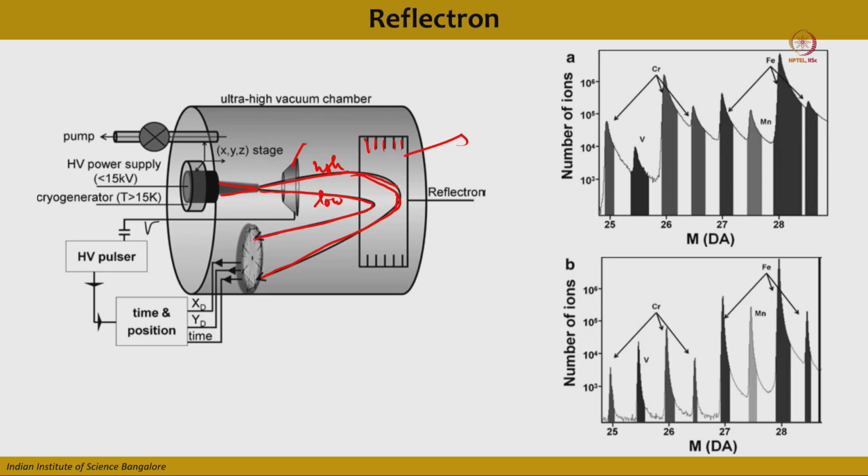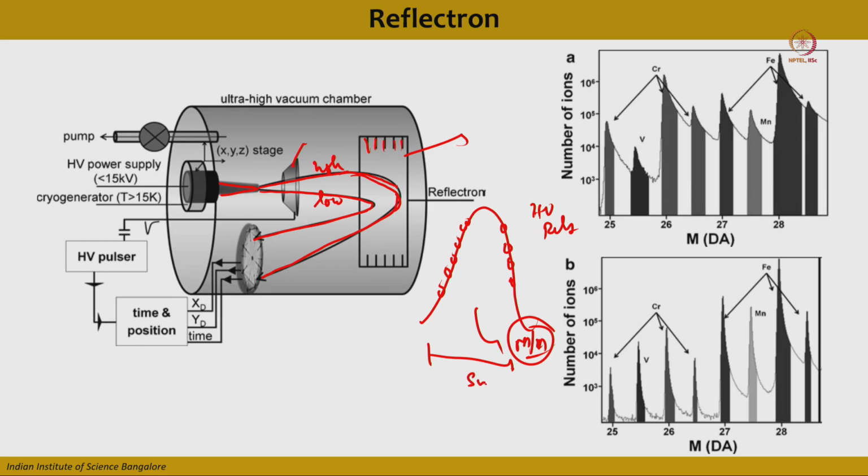So in this way, if you have an HV pulse, and there is an ion which is polarized and accelerated at this region, and there is an ion which is accelerated at this region, but they have the same mass to charge ratio, the difference in the time of flight can be the same by using the reflectron.